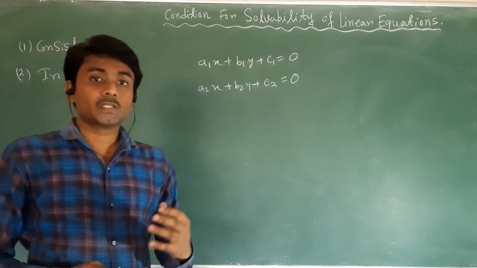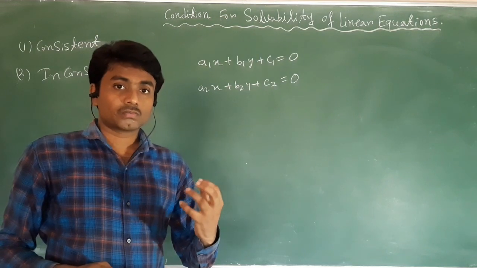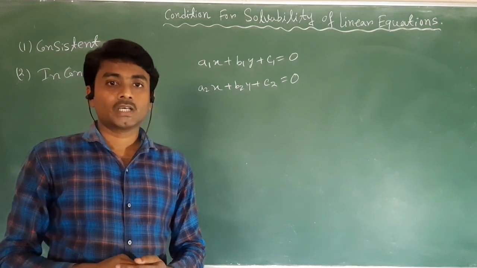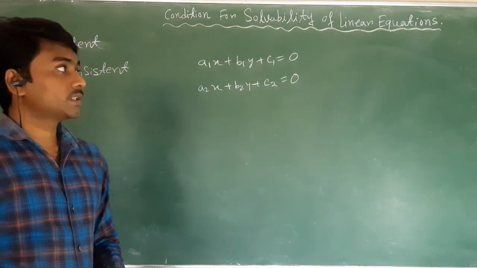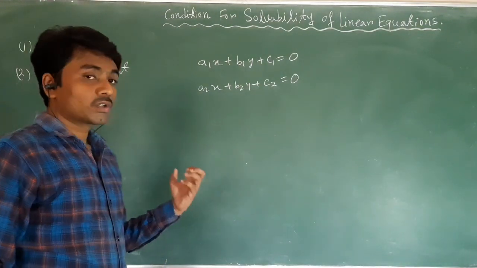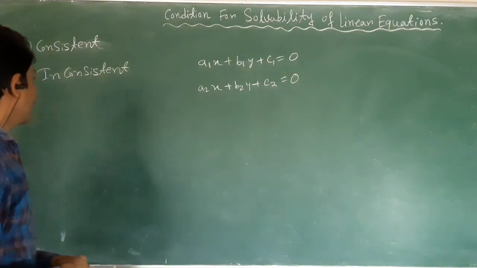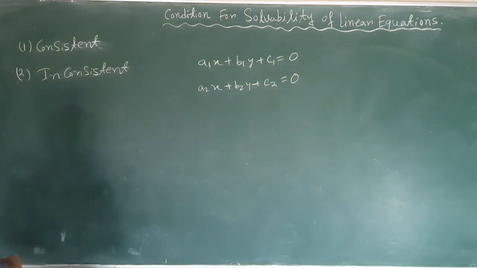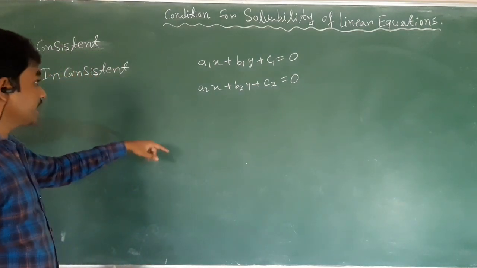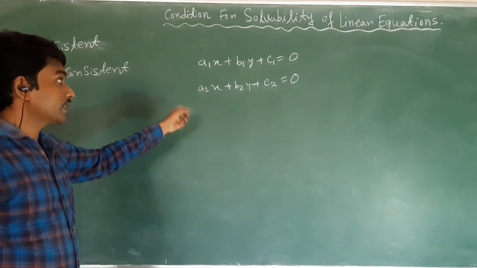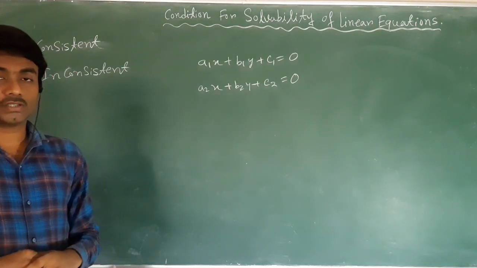That means if a system of linear equation has unique solution or many solutions, then it is called consistent, otherwise inconsistent. So what is inconsistent?